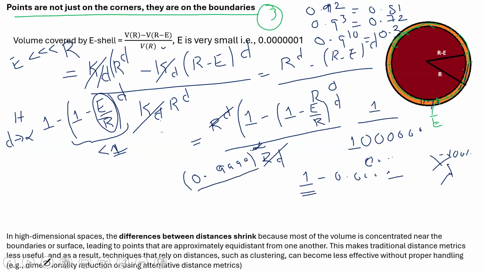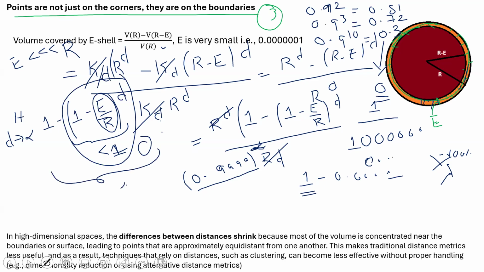So even if it is 0.99999, when the power goes to infinity, it approaches 0. Agreed? So when this is less than 1, this whole thing is approaching 0, so the whole value is coming down to 1. What does this mean?